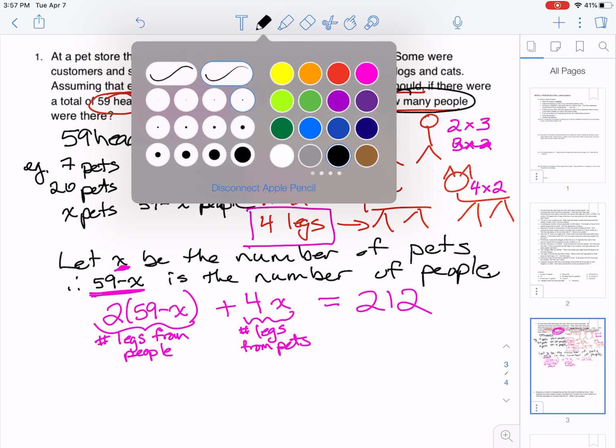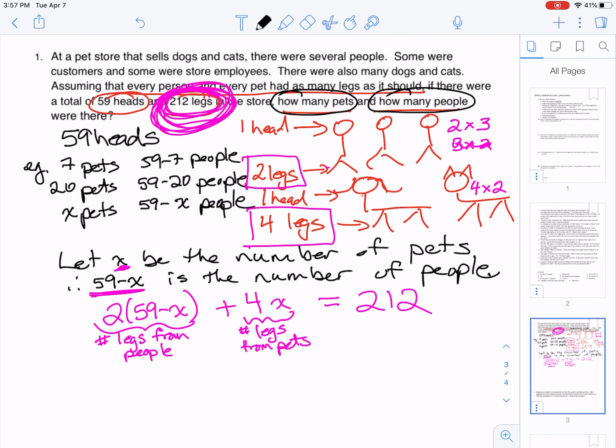I'm just going to go ahead and solve this. So 2 times 59, I think that's 118, minus, this is a bracket. Remember, whenever you're multiplying an expression by something, by a term, by a number, you always need to put that expression inside brackets to remind yourself to distribute that number out in front of the bracket through the entire bracket.